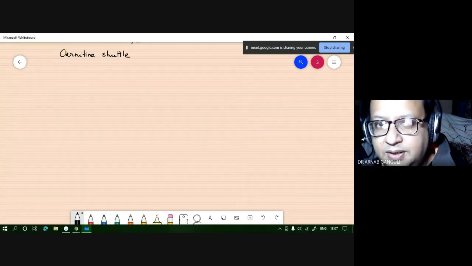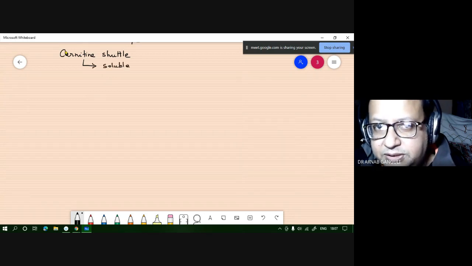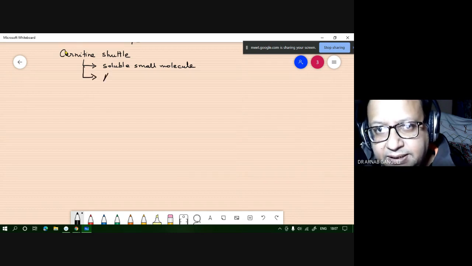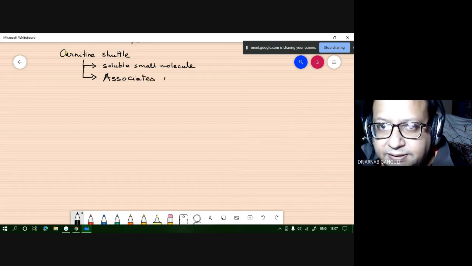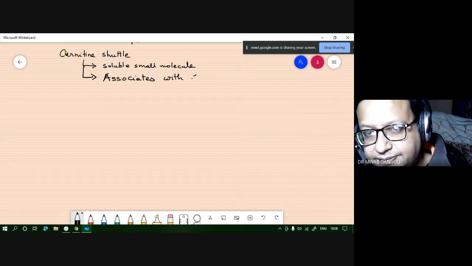So carnitine, actually, it is a soluble small molecule. Another property of carnitine is that it associates with fatty acids or acyl CoAs actually.